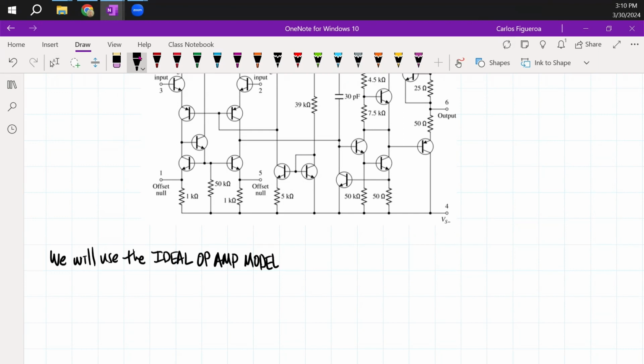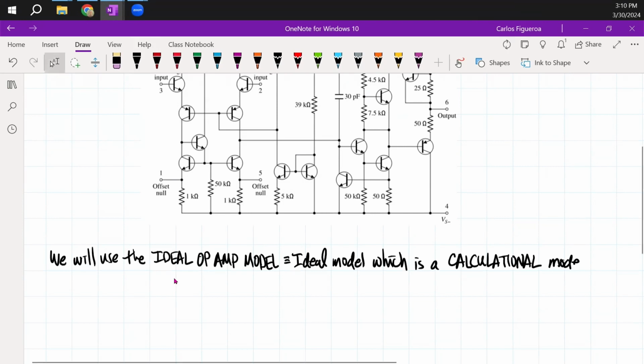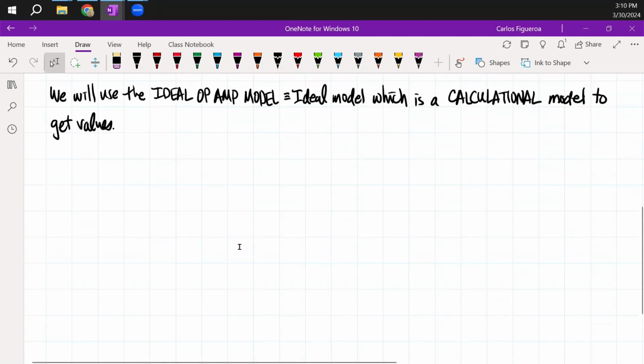When I talk about this, I'm going to define it as just the ideal model for short, which is a calculational model to get values. So let's write it down.